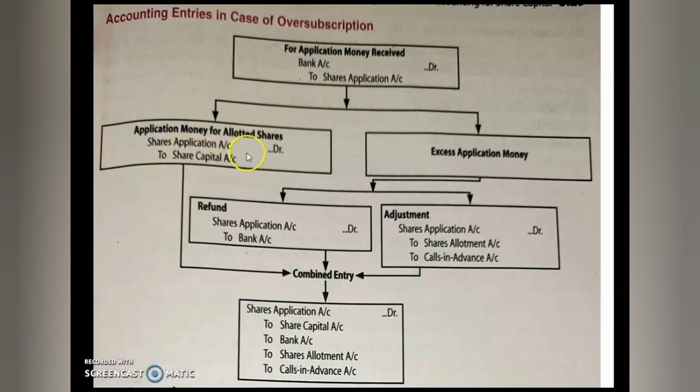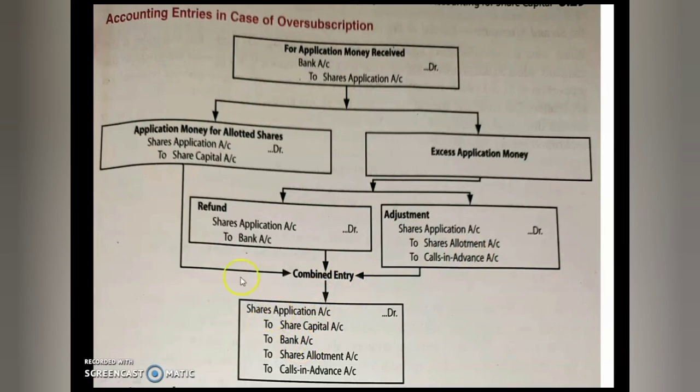So this is the allotment entry, and sometimes you will have to reject some of the share applications and refund them the cash. So the journal entry will be share application account debited to cash account. We are refunding the cash, so cash is moving out of the business. Then if adjustments are there, you have to go with a combined entry.